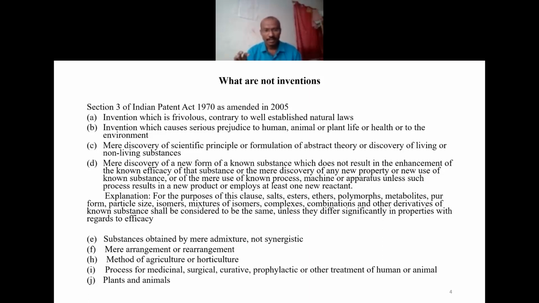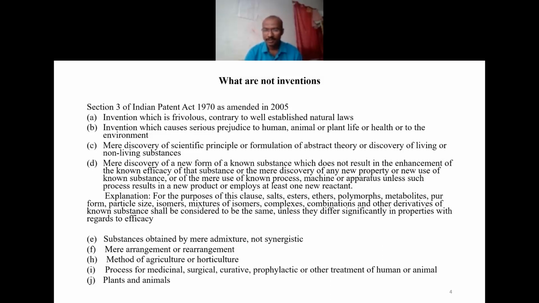So for the explanation of this particular subsection, section 3D, the salts, esters, polymorphs, metabolites, pure form, particle size, isomers, mixtures of isomers, complexes, combinations, and other derivatives of known substance shall be considered to be the same unless they differ significantly in properties with regard to efficacy.